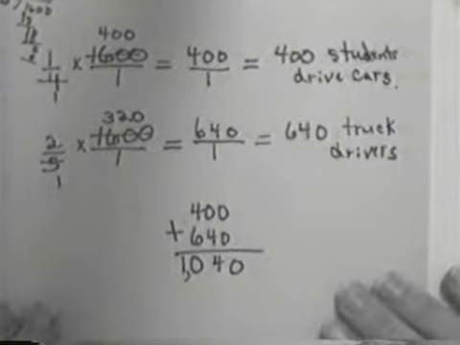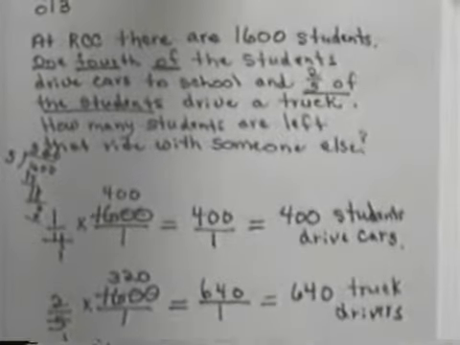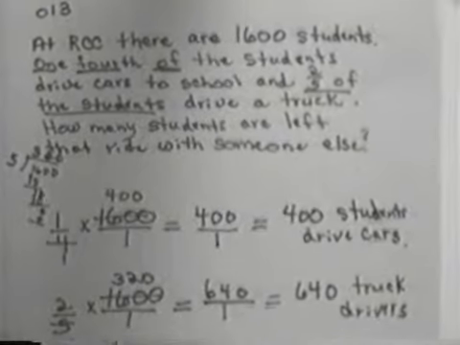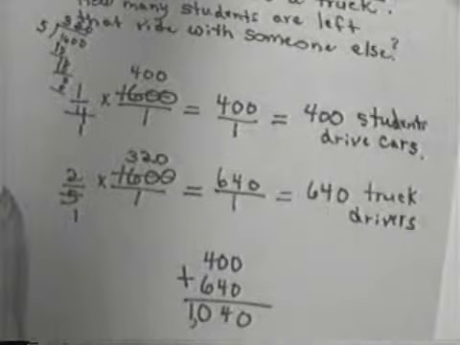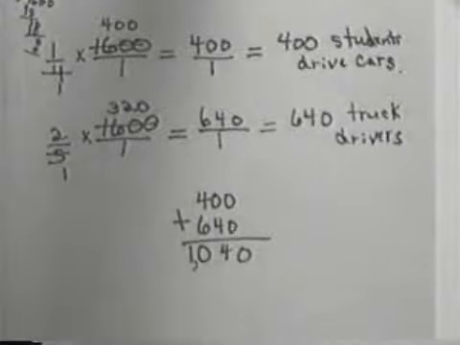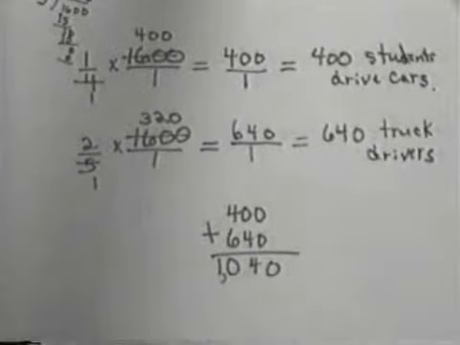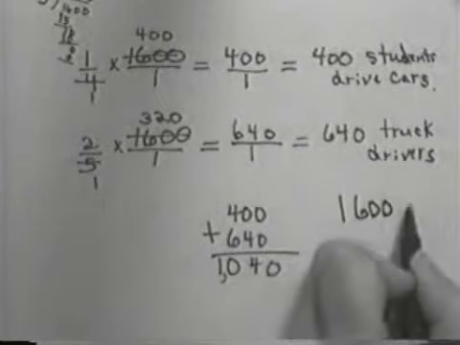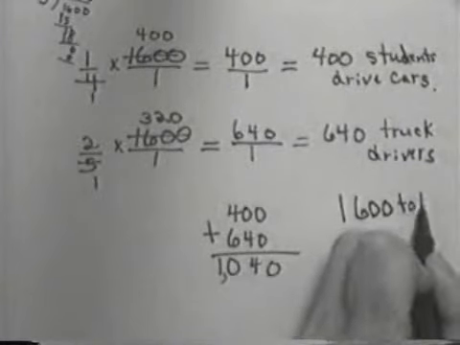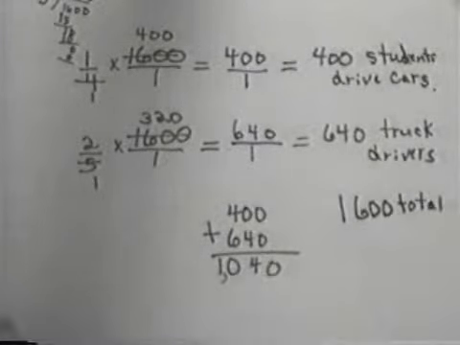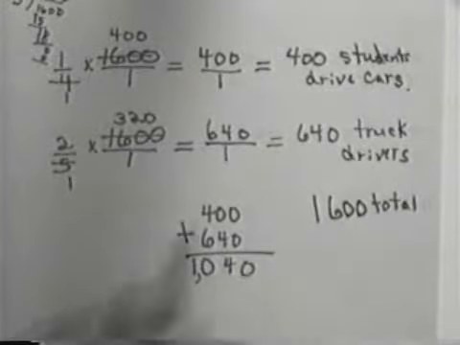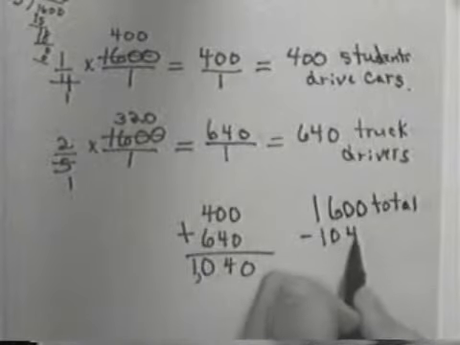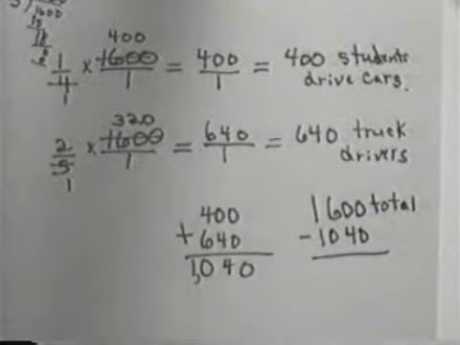And if you remember, let's go back and look up here in the problem. In all, there were 1,600 students. So that's what we've got to work with. So we take our total of 1,600 and subtract our 1,040 that we've already used up.